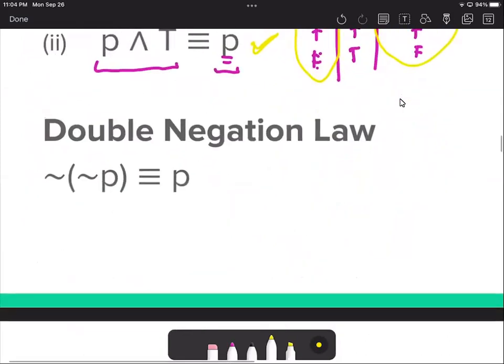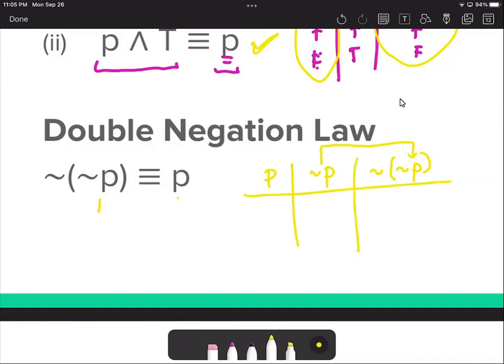Now we have the double negation law. The double negation law states that if we take the negation of the negation of a certain statement, then it will evaluate to itself. Okay, so we have the P and taking its negation, and we will take the negation of the negation again. So we are basically sandwiching this inside another negation operator. So let us see the truth table.